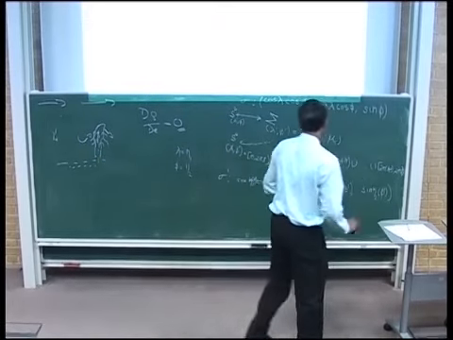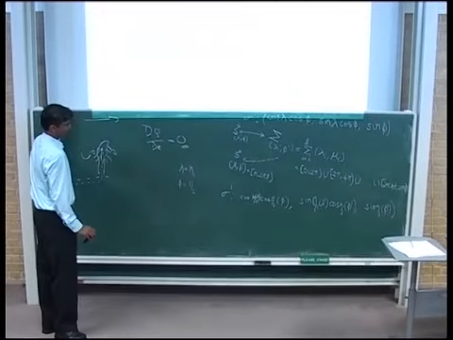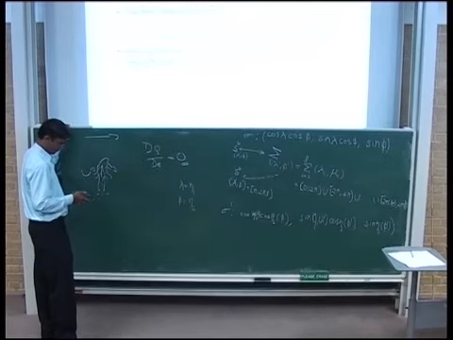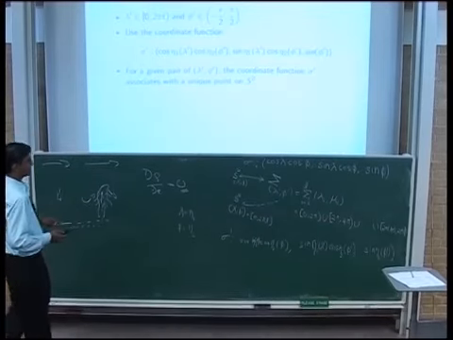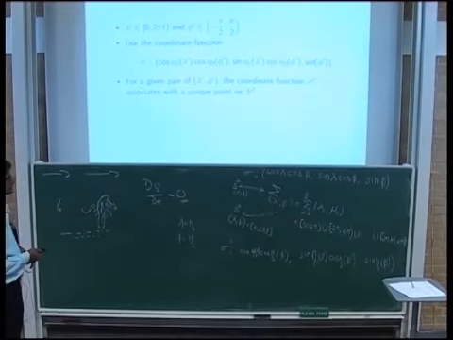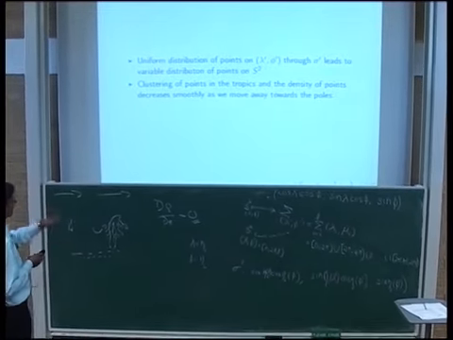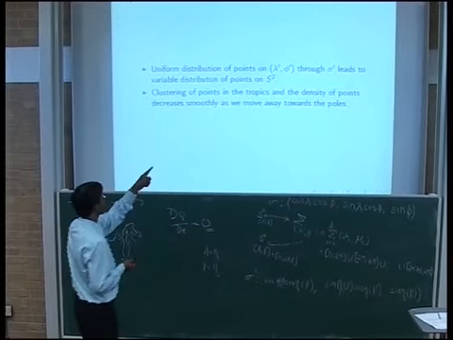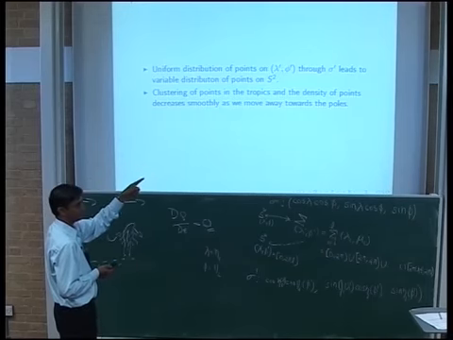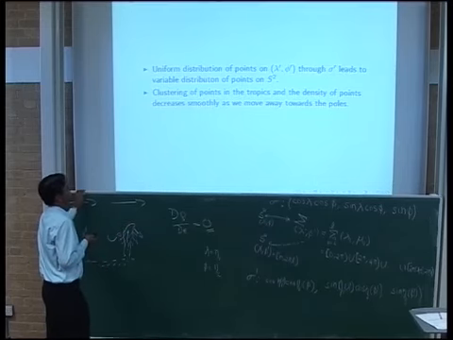So we can use this parameterization to solve our equations. Taking a uniform distribution on this space, within lambda prime and phi prime, would lead to a variable resolution on the sphere.